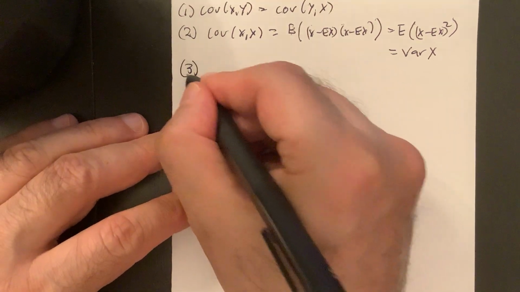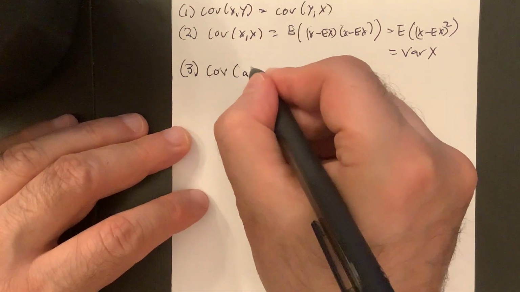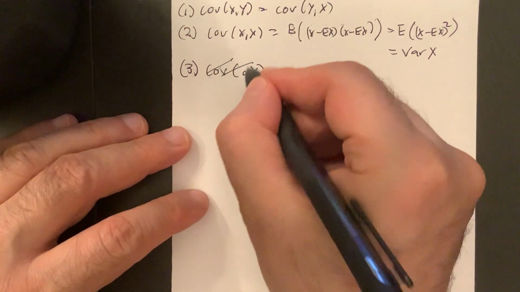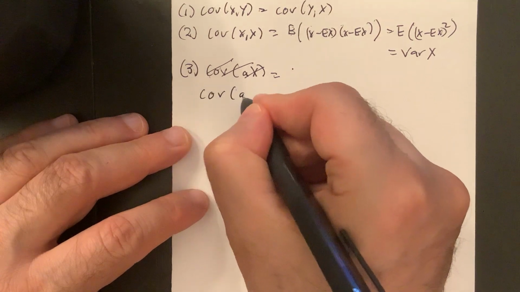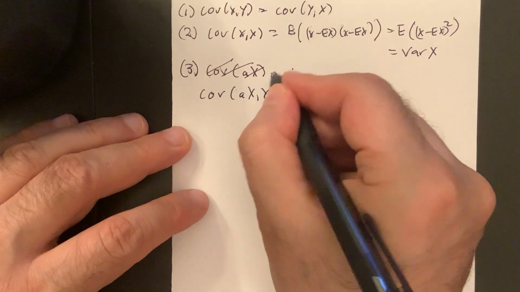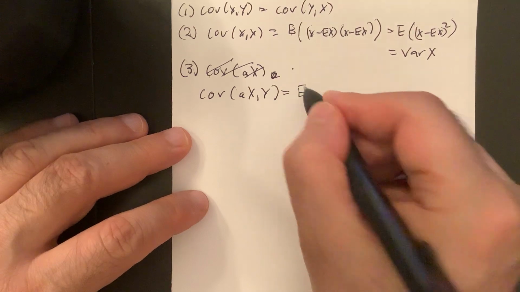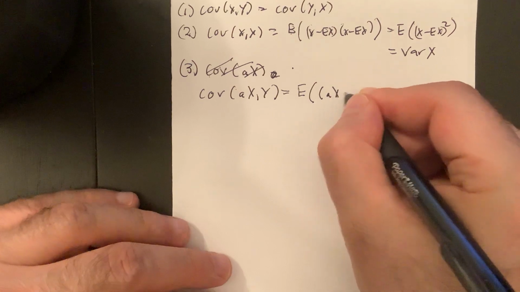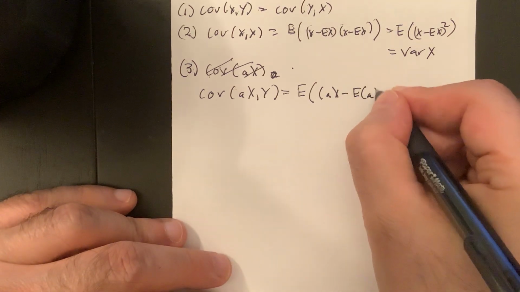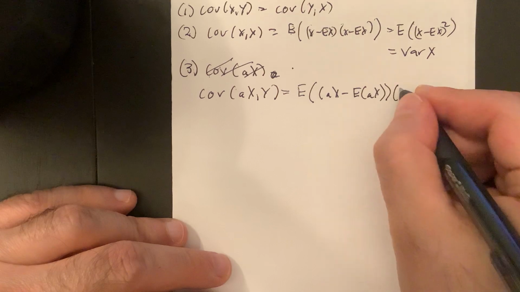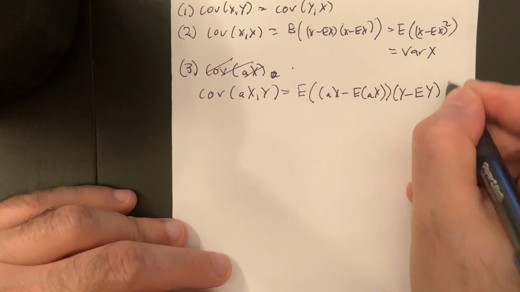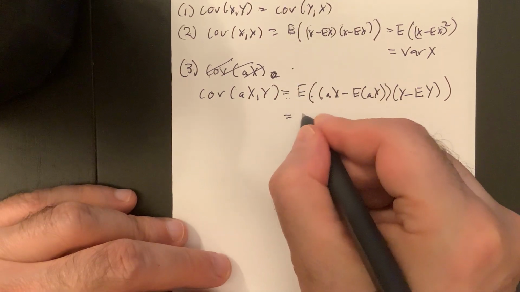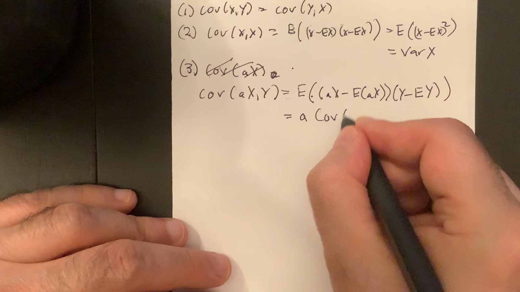3, covariance of aX, Y is equal to E of (aX minus E[aX]) and (Y minus E[Y]). The a can come all the way out here. So this is just equal to a covariance XY.